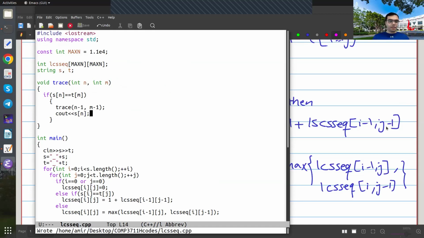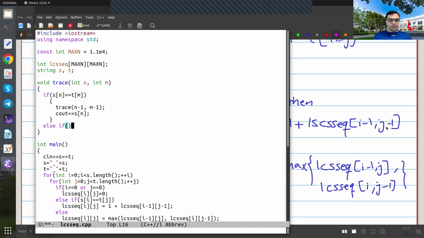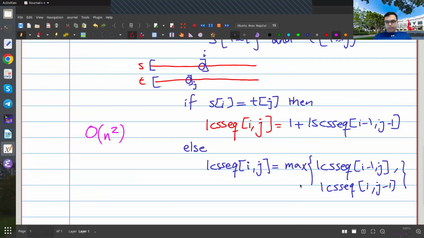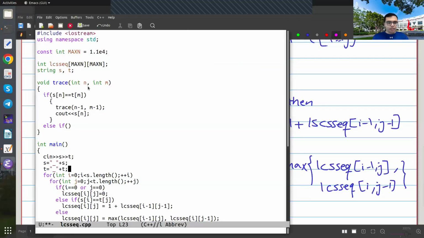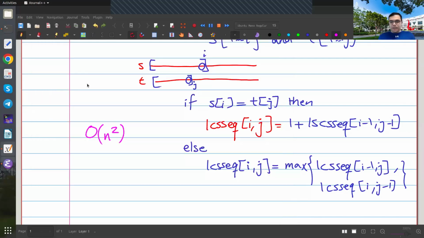Otherwise, in this case, the two characters did not match. Now that I think about it, it's better if I use I and J. Sorry. So if Si is equal to Tj, trace I minus 1, J minus 1, and print Si.